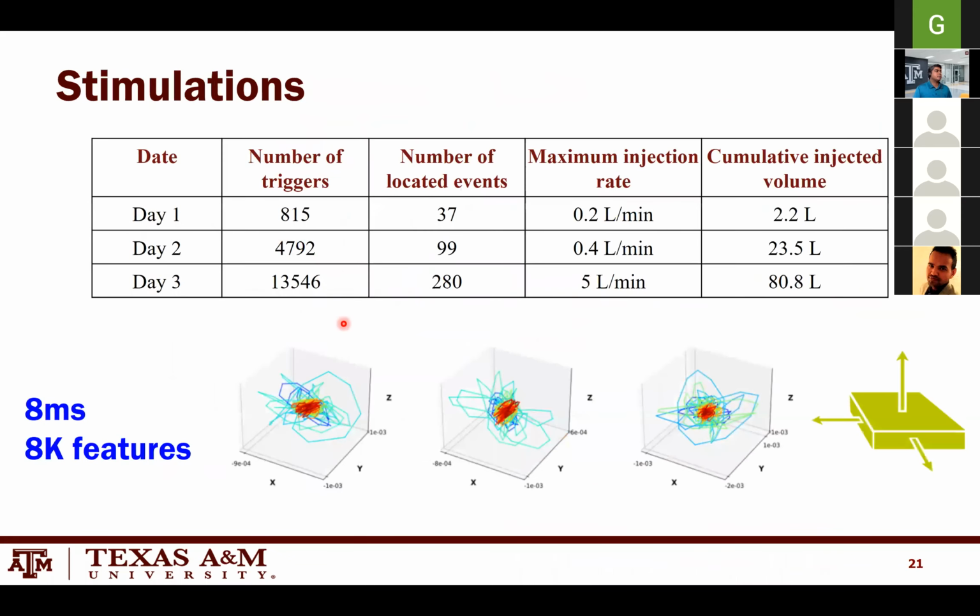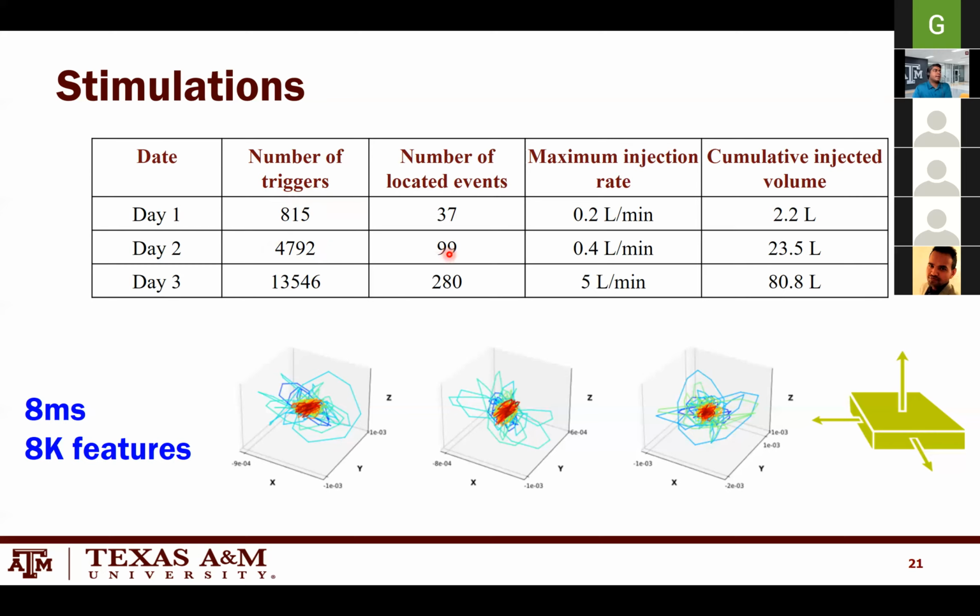Let me show you those numbers. Day 1 injection was just a check. 2.2 liters of fluids were injected. 815 triggers were located. And out of those, 817 triggers were detected. And out of those, 37 were located. Day 2, 23 liters were injected at the same spot, which means you are trying to elongate these fractures. 4,700 triggers were detected.